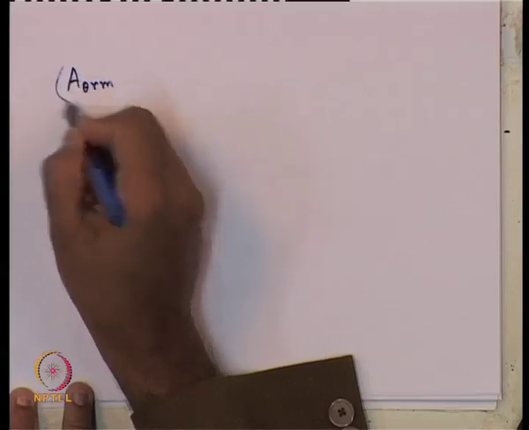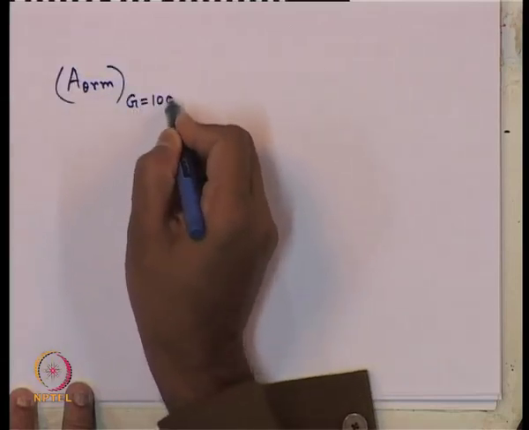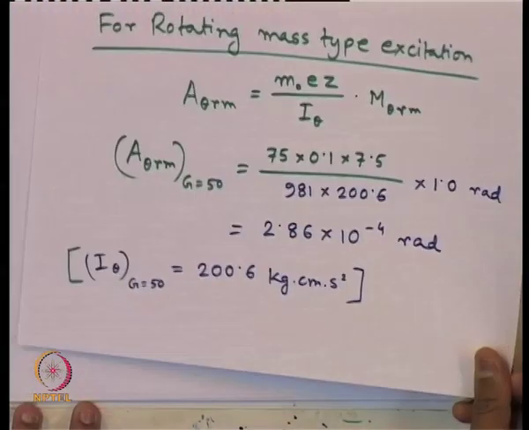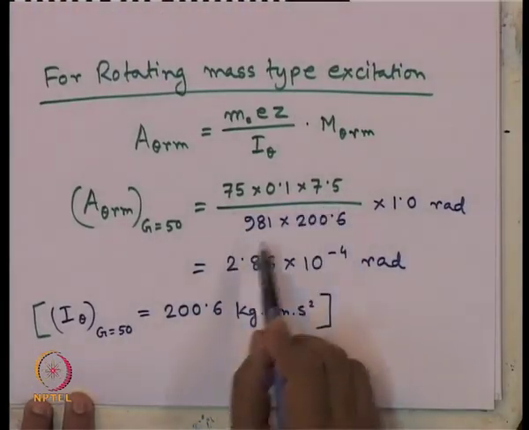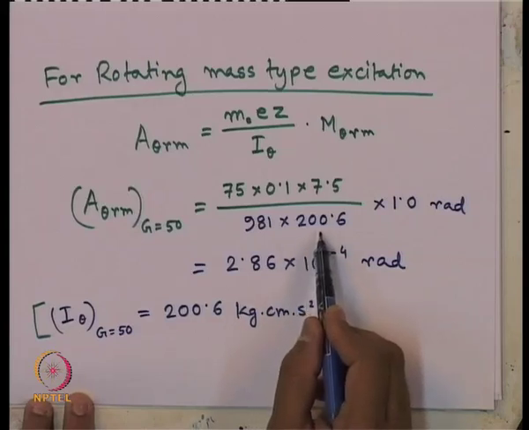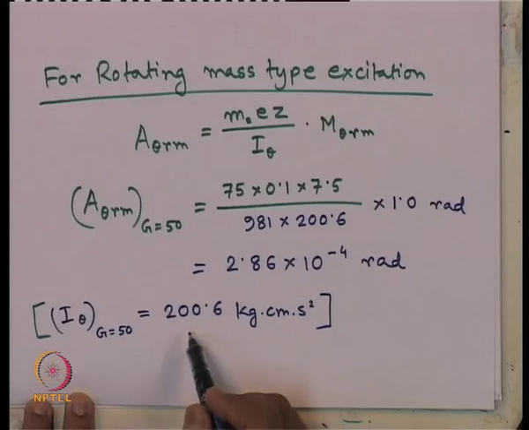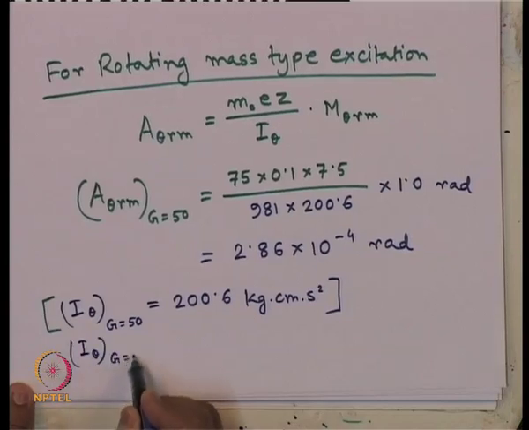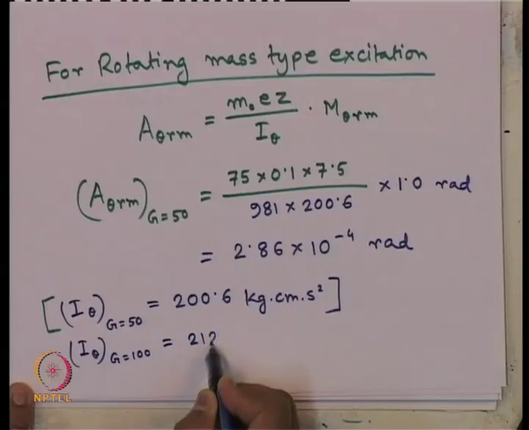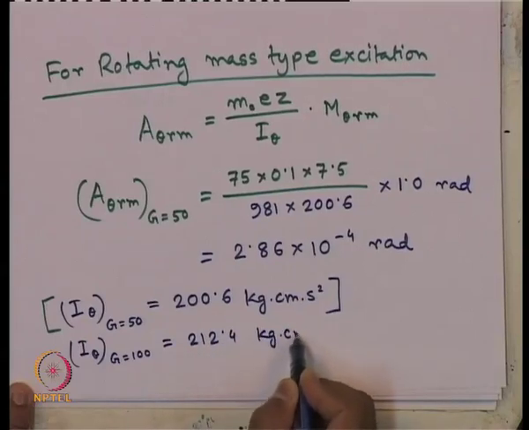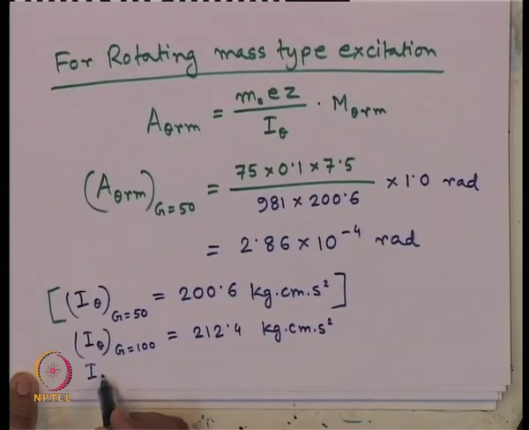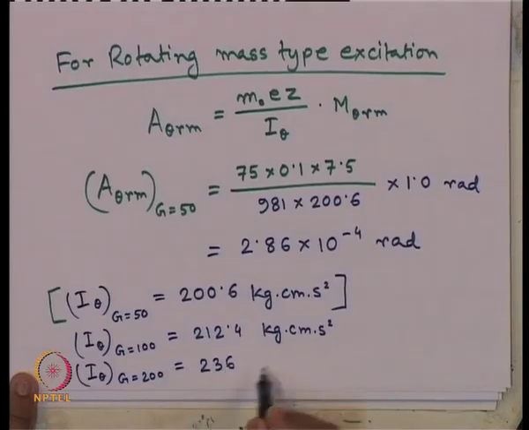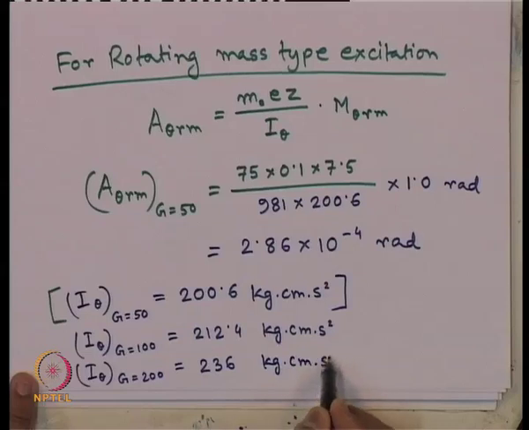Aθ,Rm for the other two types of soil, with G equals to 100, by putting the values of the corresponding things, all this remains same, only the change will be in Iθ. Iθ for G equals to 100 we had calculated earlier as 212.4 kg centimeter second square, and we had calculated Iθ for G equals to 200 as 236 kg force centimeter second square.